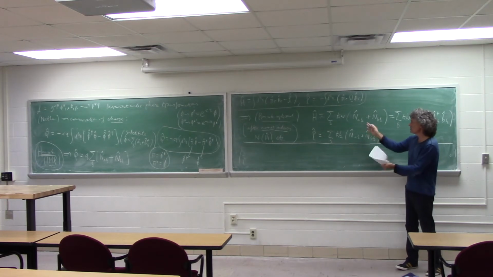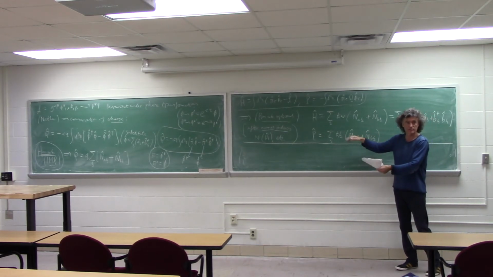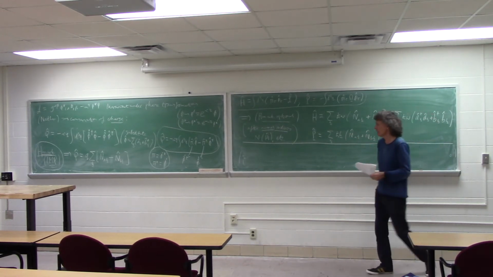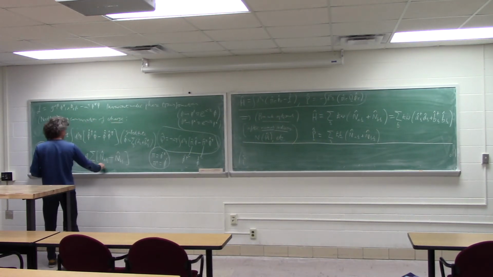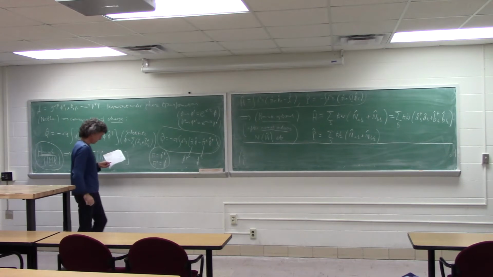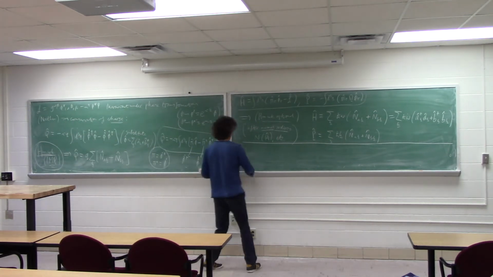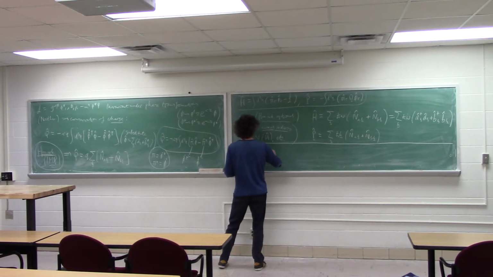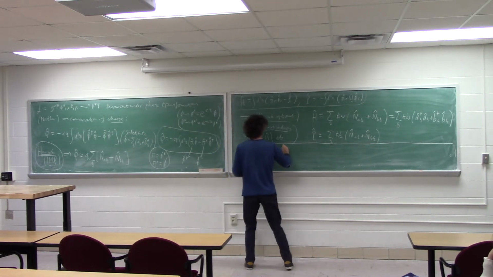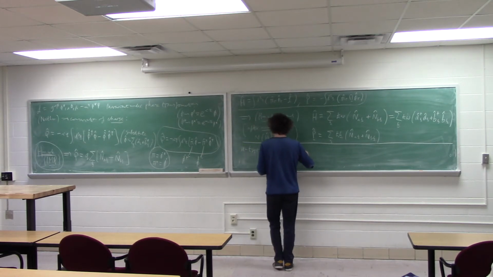The total momentum is just the sum of the numbers times those momenta. It's easy. Here, what is going on? Why is there a minus sign? There is a minus sign because the A-type particles have charge.